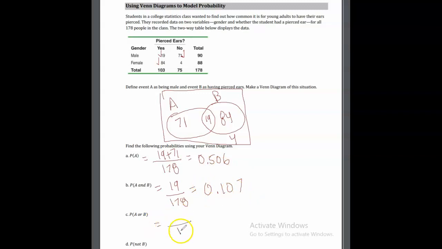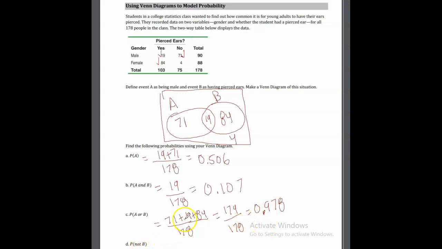A or B means I can add all 3 sections of my Venn diagram. So about 98% of the class is male or has their ears pierced.